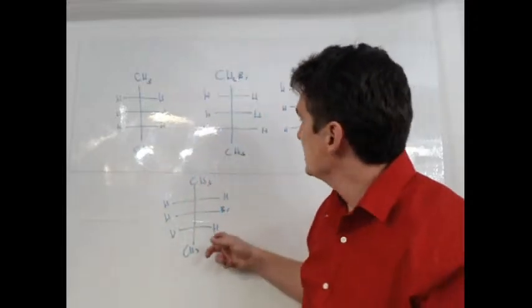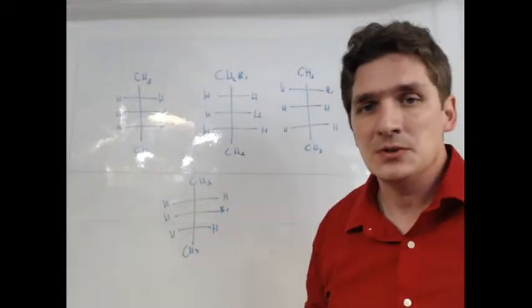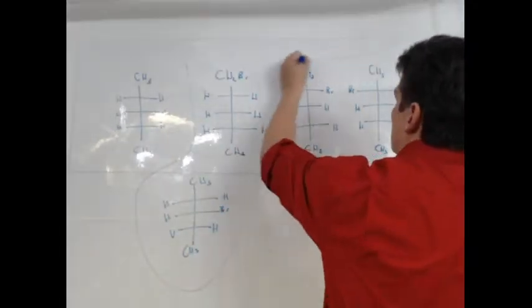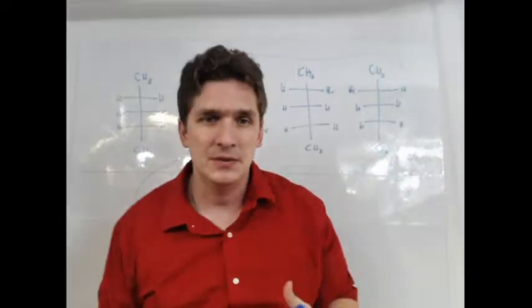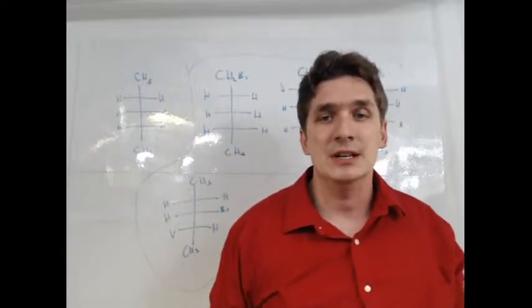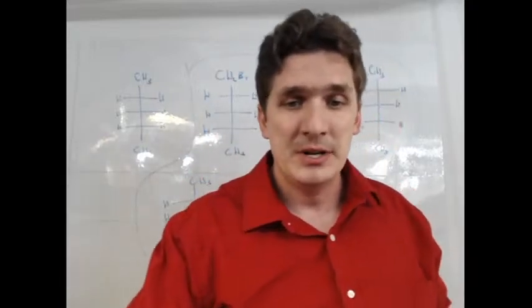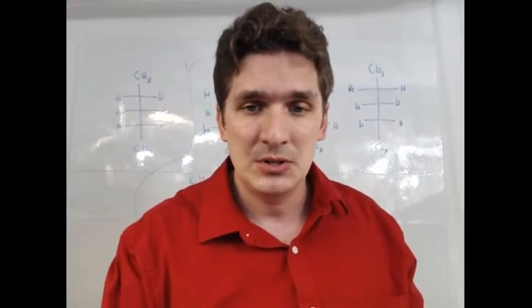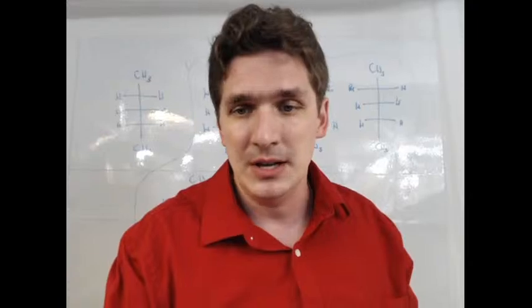Now, if I attach to the next one down, I'm right back to where I was with these first two. So these are the 4 different possibilities for the different constitutional isomers you could get for that first problem. The rest of these are going to follow that exact same line of reasoning. Go through and start substituting out a hydrogen and see what you get.